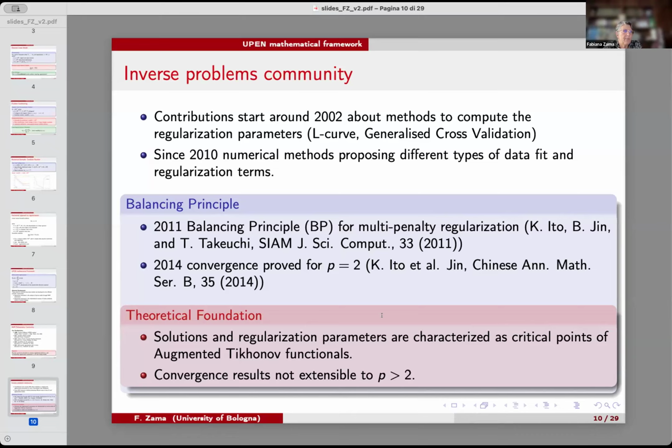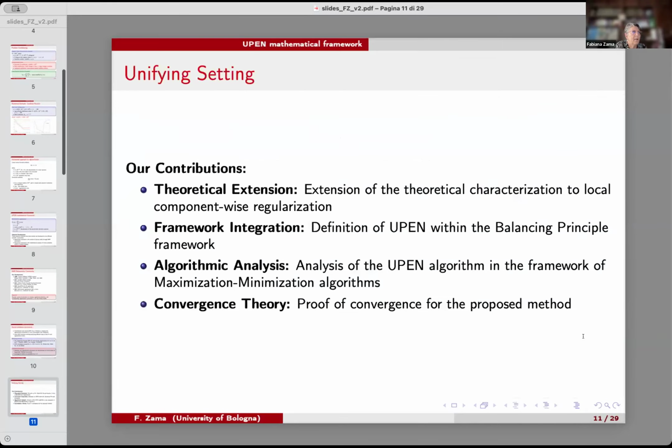But they gave us a foundation for defining the solution and the regularization parameter as critical points of a particular type of functionals. And starting from this type of functional, extending it, we were able at the end to develop our convergence theory. So this is what we had at the start.